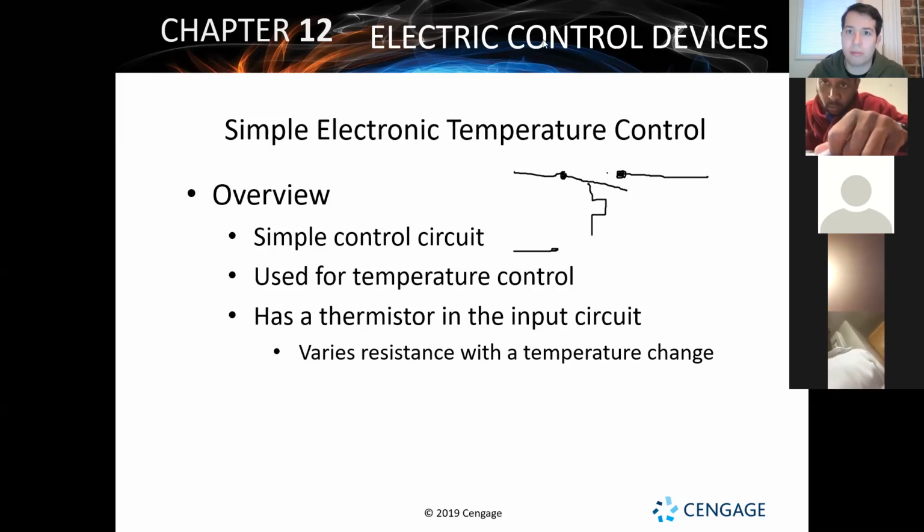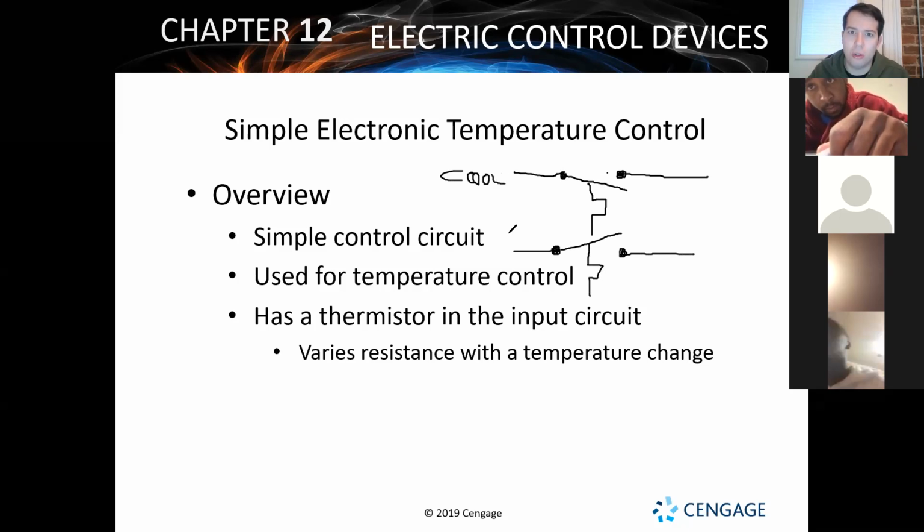The second one is normally open, closing on a fall. All right, this symbol I'm adding underneath here is for temperature, that's what the symbol means. This is what you would see as your cool and heat.